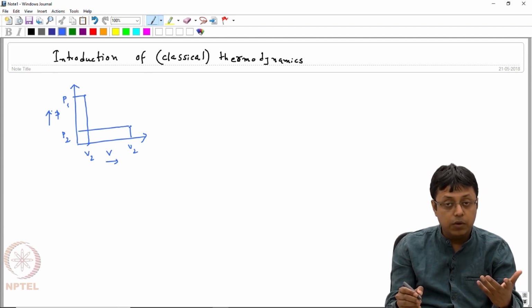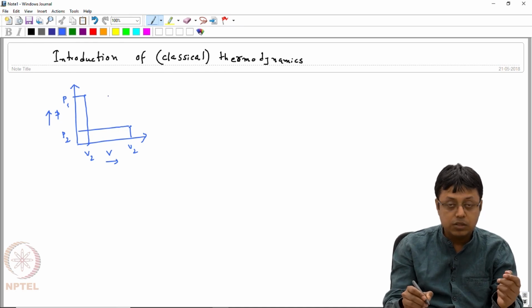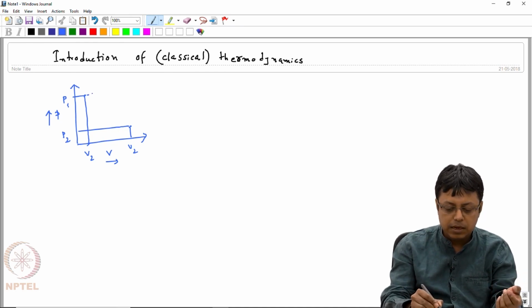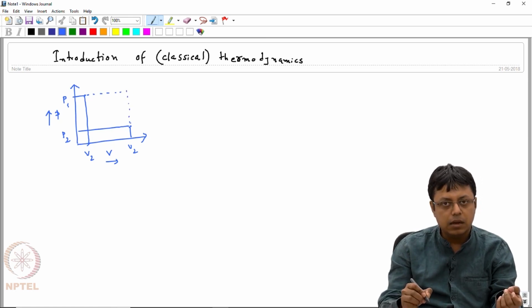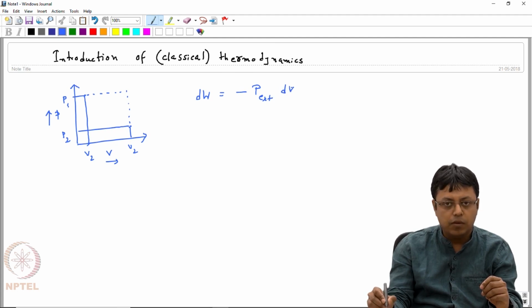Now, we can do it in many different ways. We can do it in a single step. Then we can set the opposing pressure equal to P2, and the system basically expands, and the work done will be nothing but the area under this curve. We have already done this, because the expression for work done, or we can write it as a differential expression, is nothing but the negative of the external pressure times the change in volume.